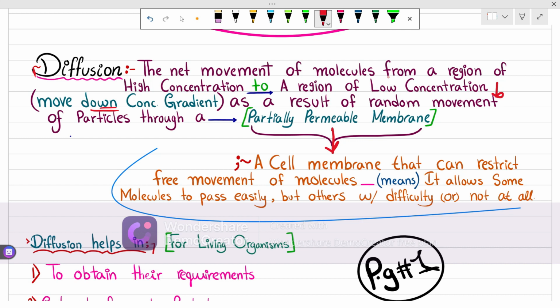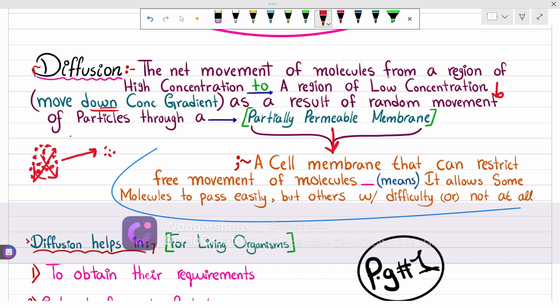So diffusion is the movement of particles or molecules from a high concentration to a low concentration. For example, we have a high concentration of molecules here, let's say more than 10 to 20 here, and they move to a low concentration, moving down the concentration gradient as a result of their random movement, like gaseous particles and liquid particles have random movements.